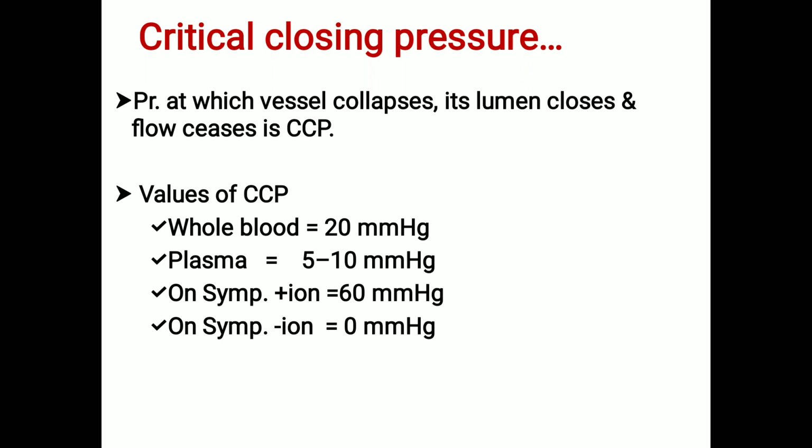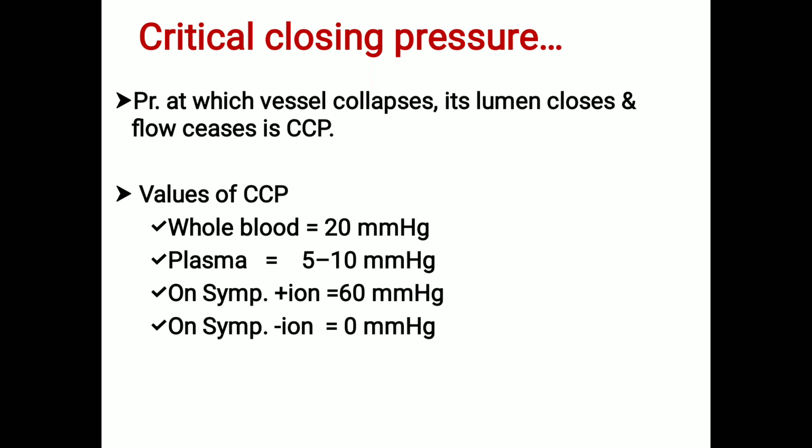Generally, the resistance to flow is inversely proportional to the fourth power of the radius of the arterioles. Therefore, if the radius is decreased to half, the resistance to flow increases by 16 times, or if the radius is increased by 2 times, the resistance to flow is decreased by 16 times.